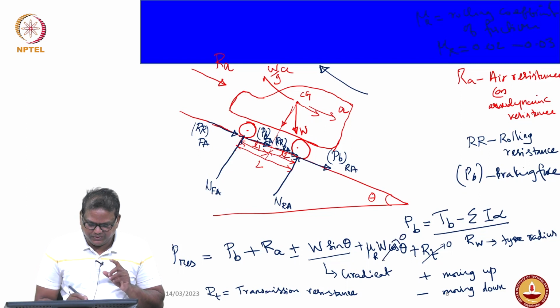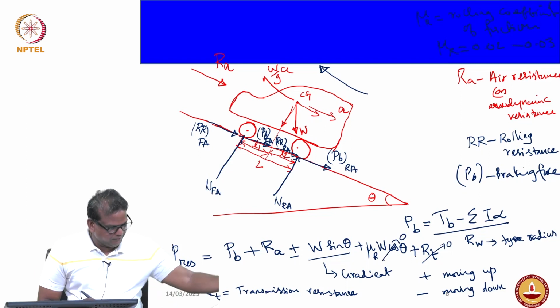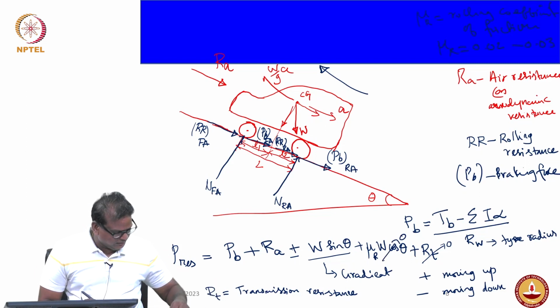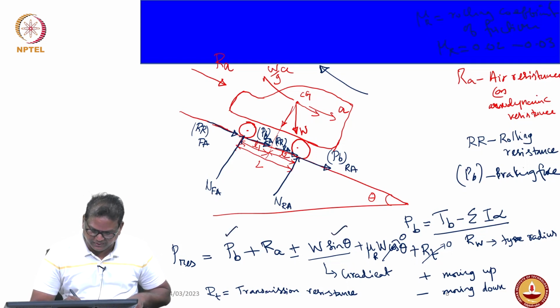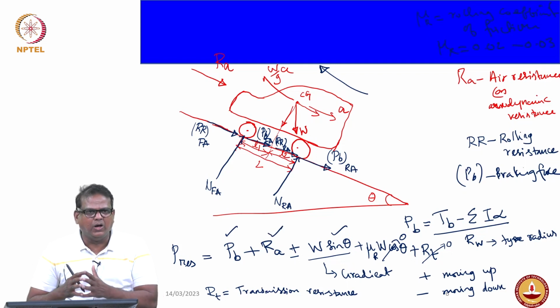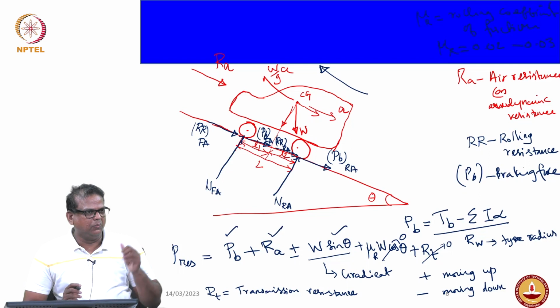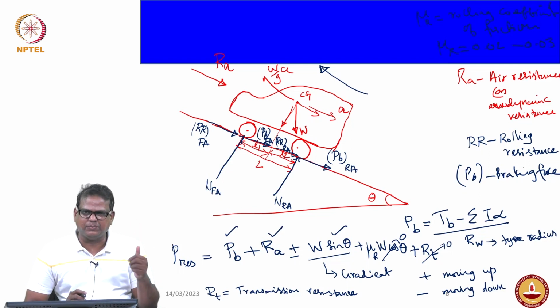Finally, we will have the gradient aspect, the braking aspect and the rolling aspect. With that, we will try to find out how these forces are acting when the vehicle is braking with respect to the front axle as well as the rear axle.